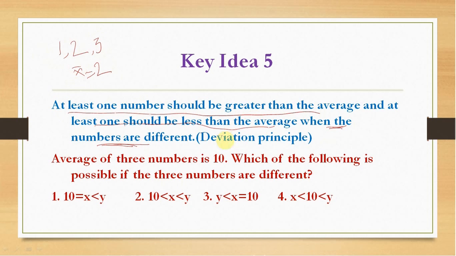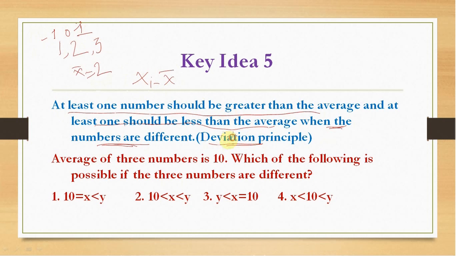So now we take what is called the deviation principle. So the deviation principle simply takes the difference between the observation and the mean value. So this is simply xi minus x bar. So 1 minus 2 is -1, 2 minus 2 is 0 and 3 minus 2 is +1.